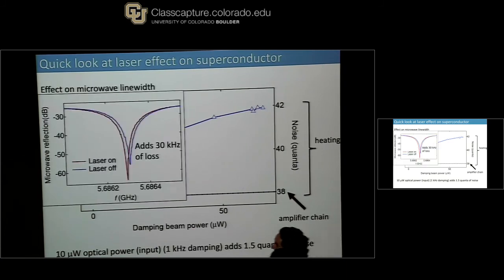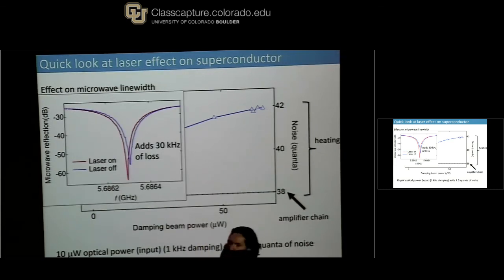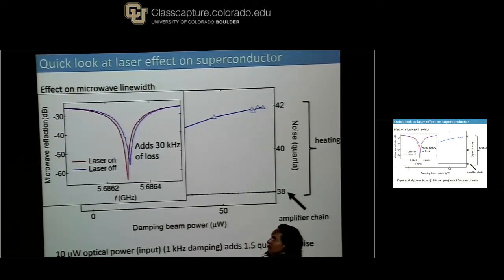You can also look at how much the line width of the LC circuit changes when we turn on the laser. And so it adds about 30 kilohertz of loss in kappa. This corresponds to kappa E internal change from the light that's hitting the superconductor.